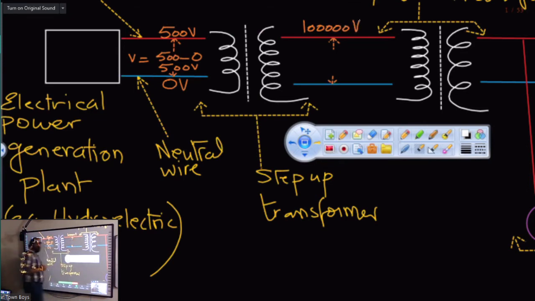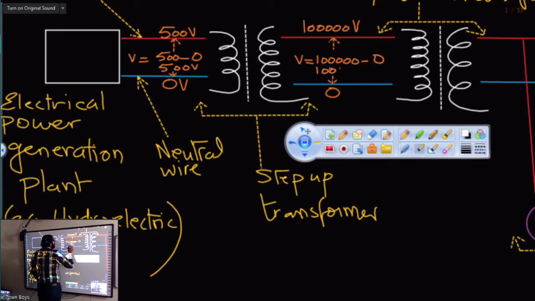I've increased the potential of this live wire to 100,000 volts, but this wire stayed at 0 volts. So what is the potential difference in this case? 100,000 minus 0 means it's 100,000 volts. So the potential difference across these two is 100,000.